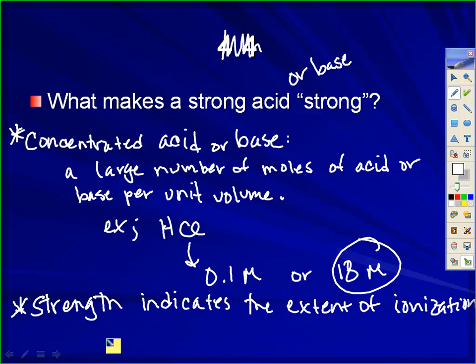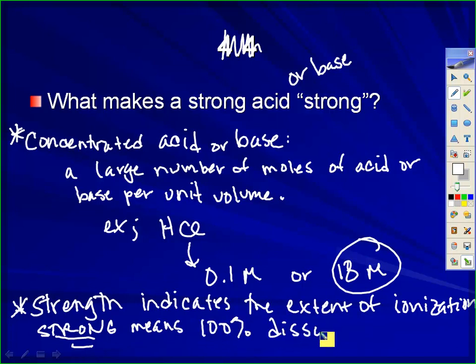So when I talk about a strong acid or a strong base, that means that there's going to be 100% dissociation into ions of my acids or my bases.